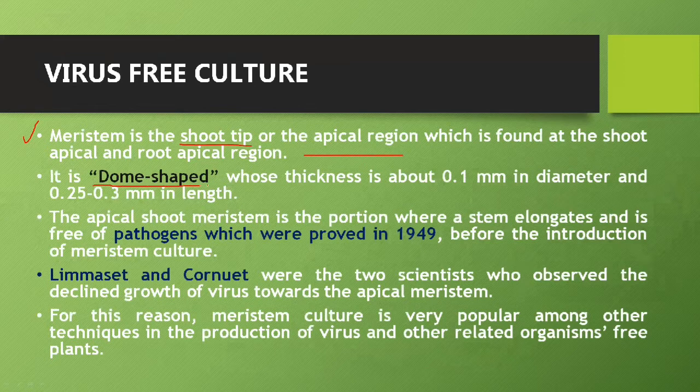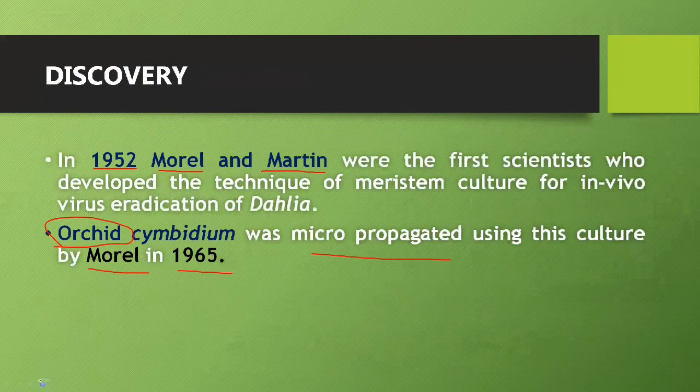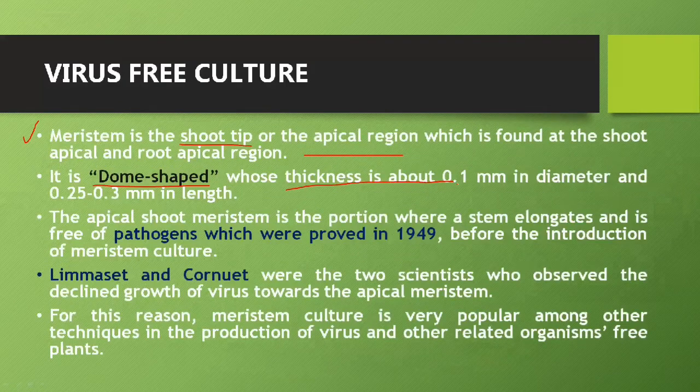This shoot tip is generally dome-shaped, and we can get the best result by using a shoot of 0.1 mm diameter and 0.25 to 0.3 mm length. This is the best size of meristem taken for culture.